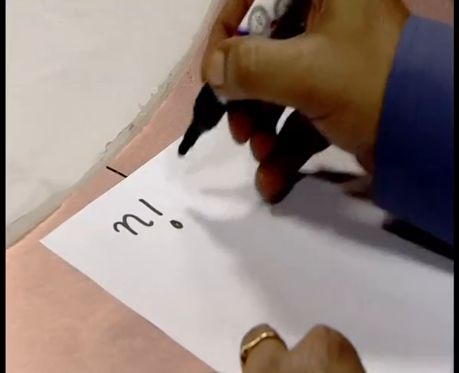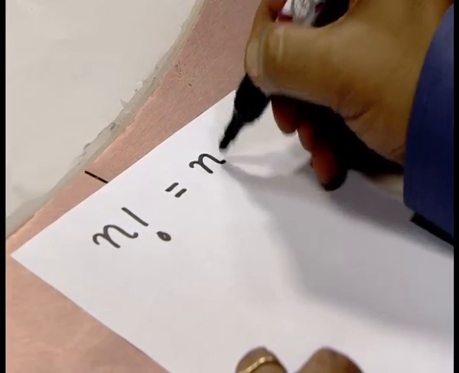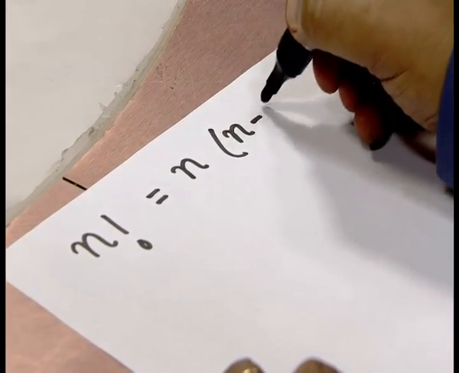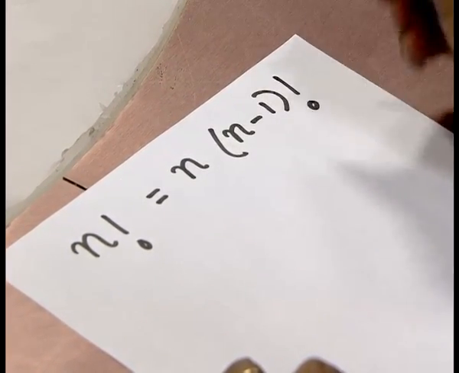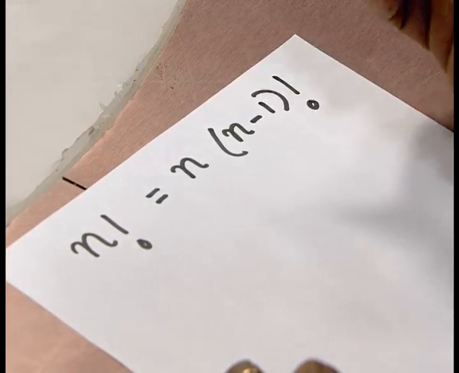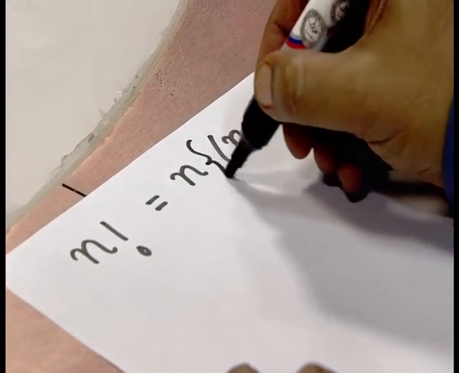See, factorial n is equal to n into (n minus 1) factorial. Let us put a second bracket here to bring more clarity.